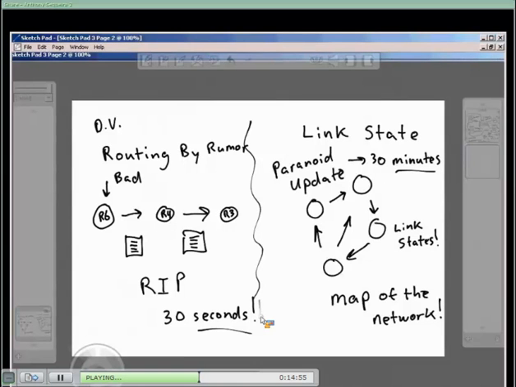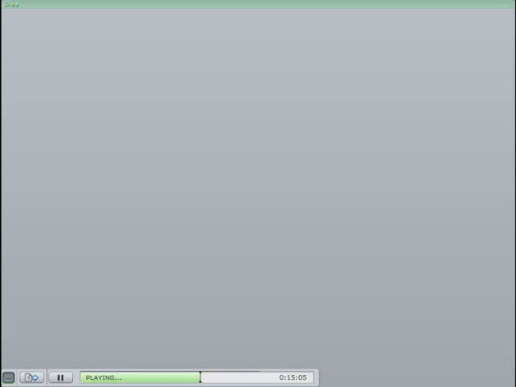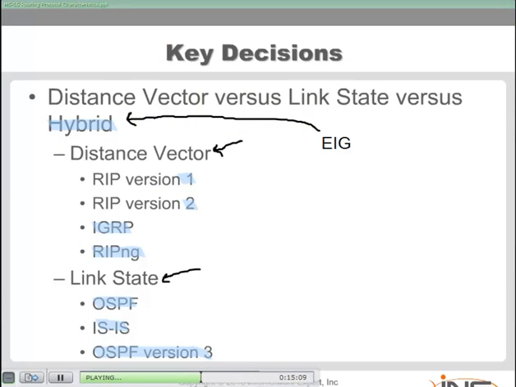So, distance vector routing protocols. They are indeed first generation technologies, and they're really outdone by the more modern link state routing protocols like OSPF, ISIS, and OSPF version 3 for IPv6.